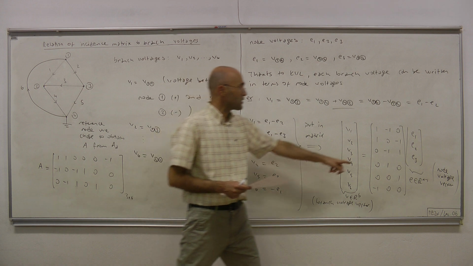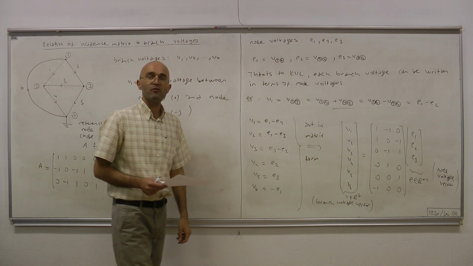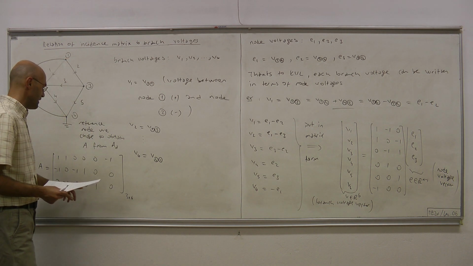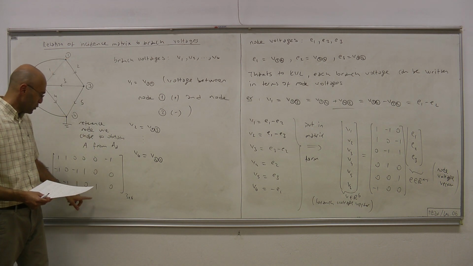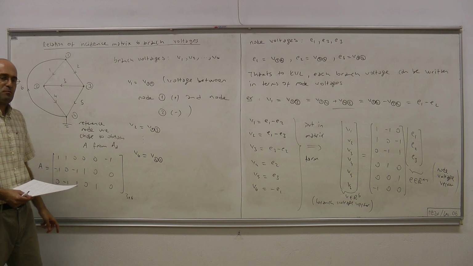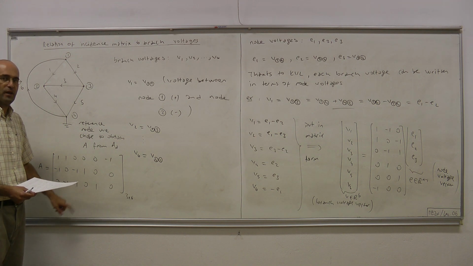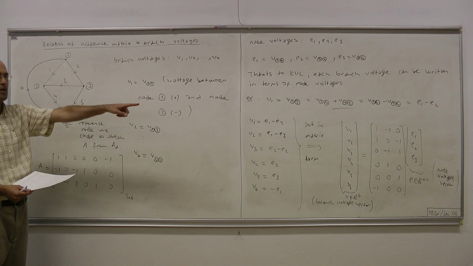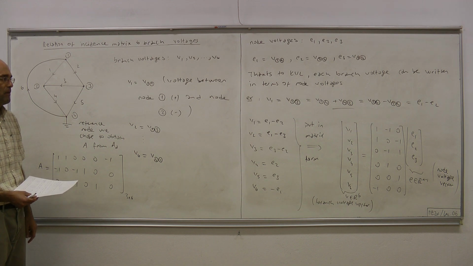And this matrix here, it turns out that we don't have to give it a name, because that matrix is very closely related to the reduced incidence matrix that we already defined. In particular, if you take the transpose of this matrix, you immediately obtain the matrix that appears here.